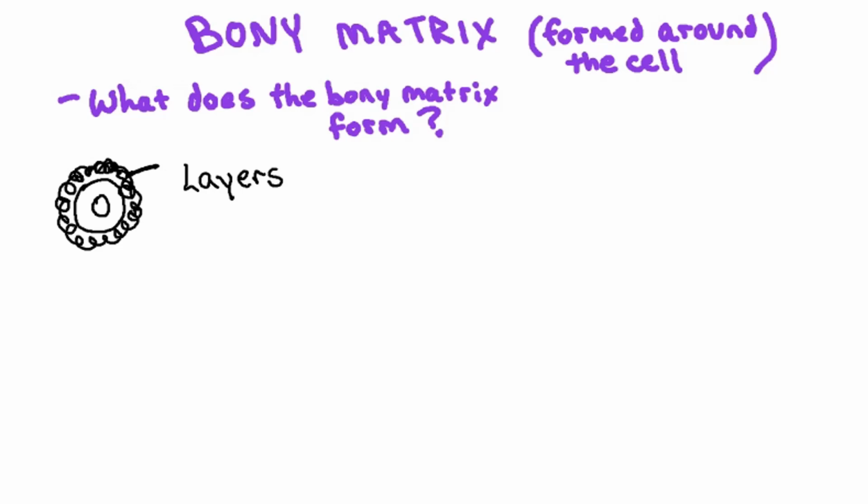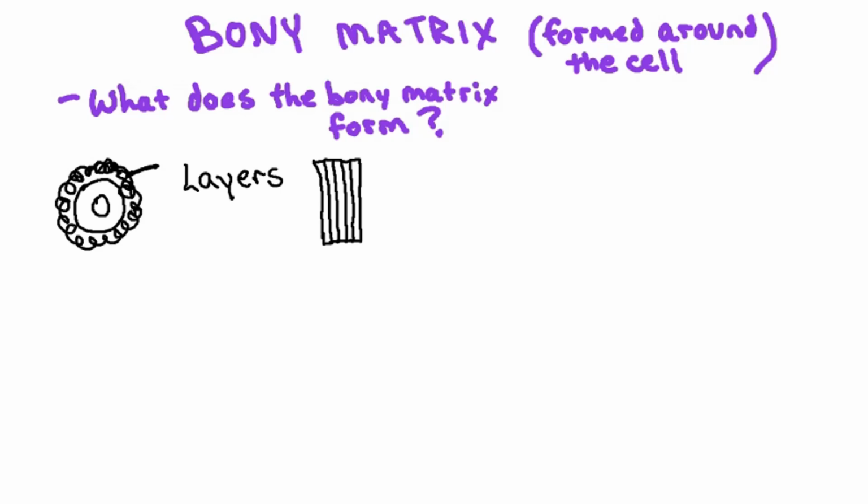And remember, the bony matrix is the collagen fibers and the minerals, the calcium and stuff like that, that makes bone hard. So it makes these layers, and I'll just draw a layer there. It makes these layers on top of each other, just like that, and it starts to make these thick walls of layers upon layers of bony matrix. Now these layers themselves do end up forming a circular pattern, but we'll get to that in a minute.